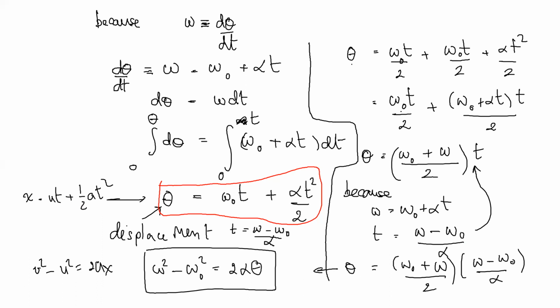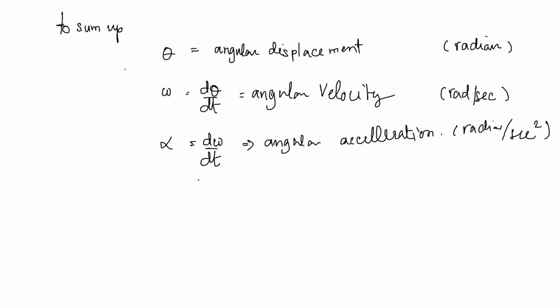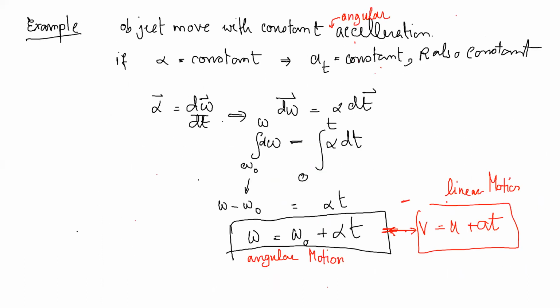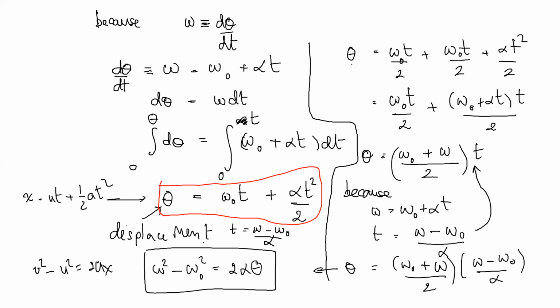Well, actually, I showed it on the right side. By doing this, theta is omega 0 t over 2 plus omega 0 t over 2 plus alpha t squared over 2. And we have omega 0 t over 2 plus omega 0 plus alpha t times t over 2.